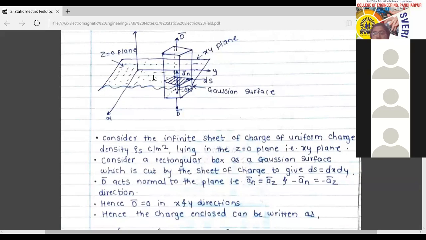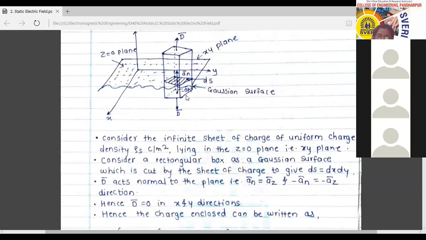But here this d bar is not in the side direction, it is in the z direction, upward and downward. Therefore we can consider only the top and bottom surfaces.